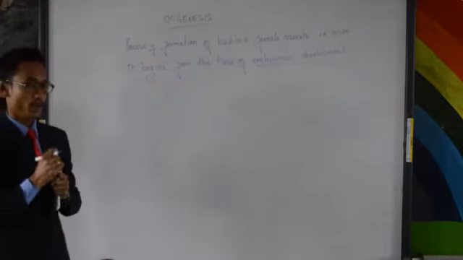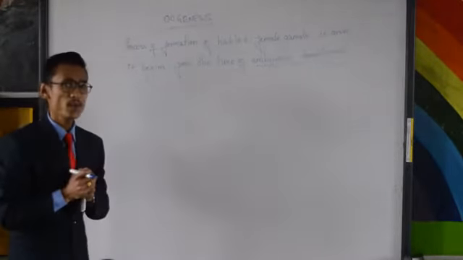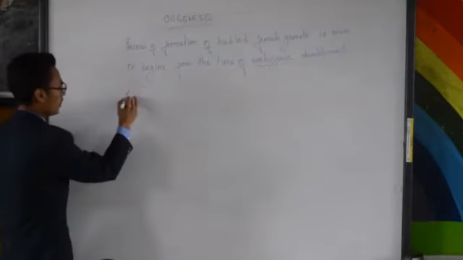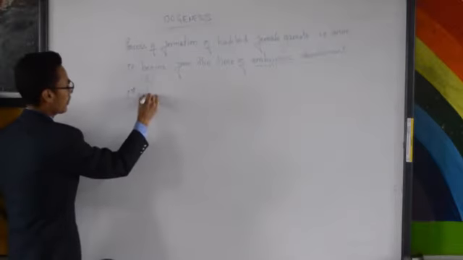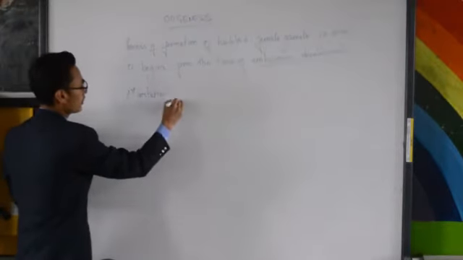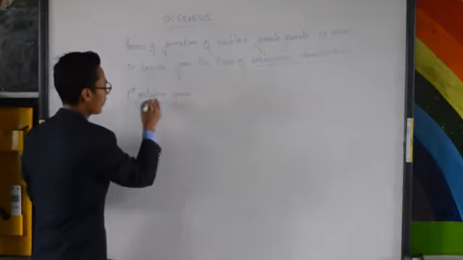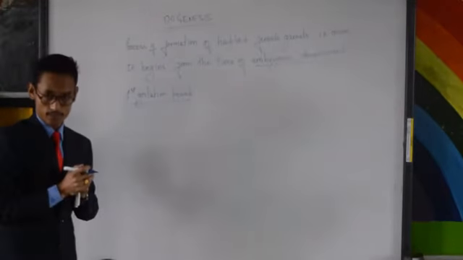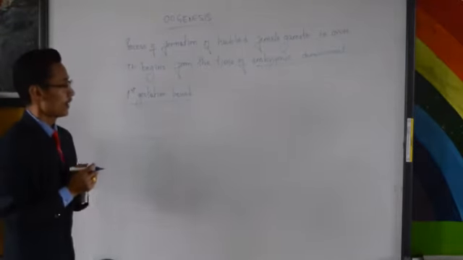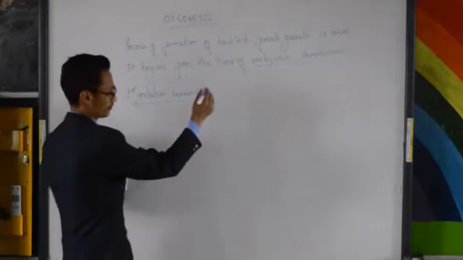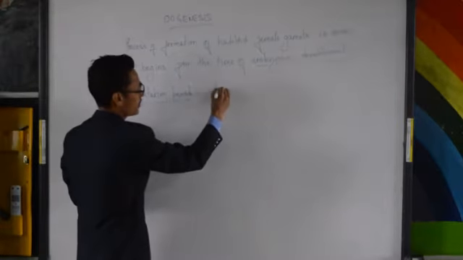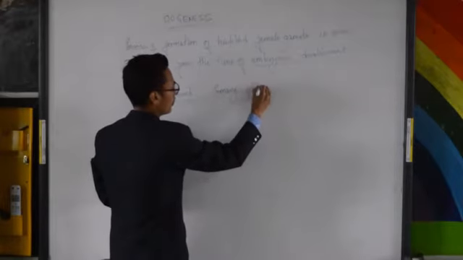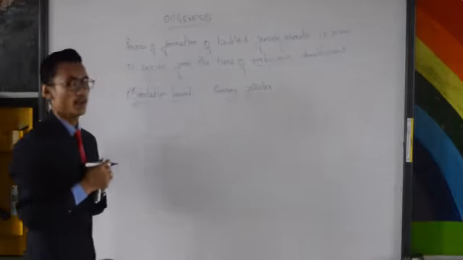Now, listen very carefully. During the embryonic development of the female fetus, or let's say during the first gestation period, there will be around 16,000 primary follicles.